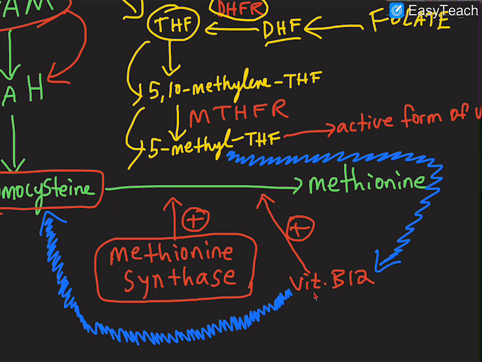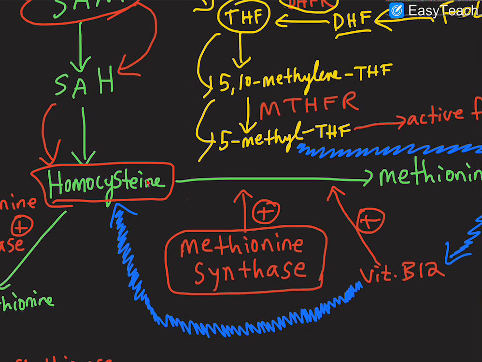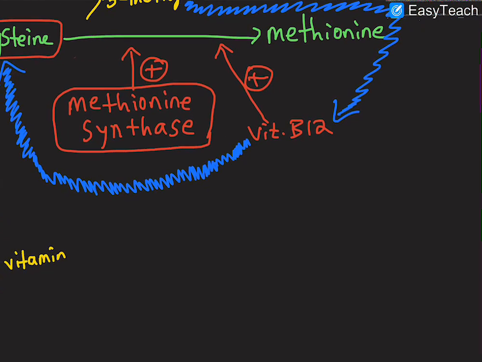Then vitamin B12 will take that methyl group and give it to homocysteine. And then homocysteine can get converted to methionine once it gets methylated with the help of methionine synthase, which also needs vitamin B12 to function. So that's the remethylation pathway.